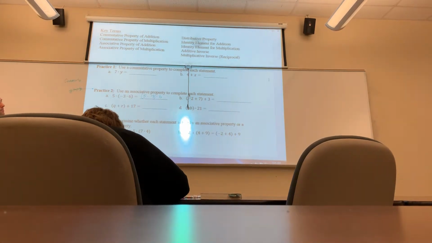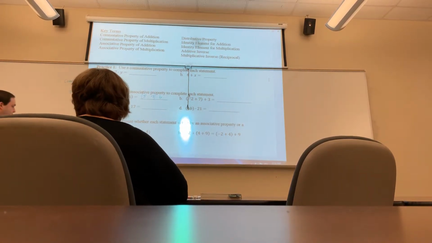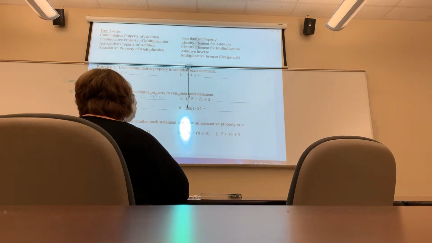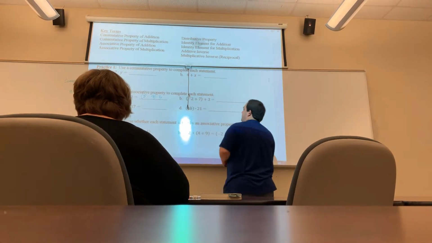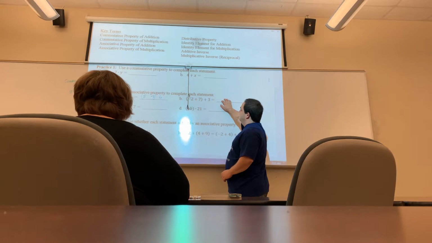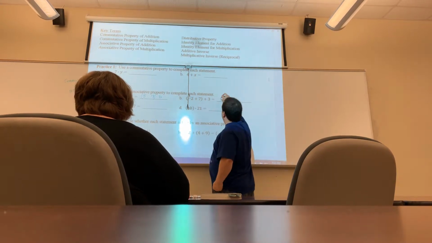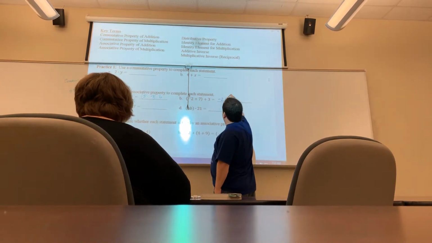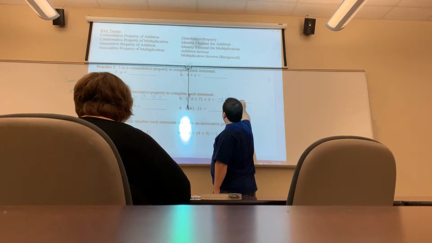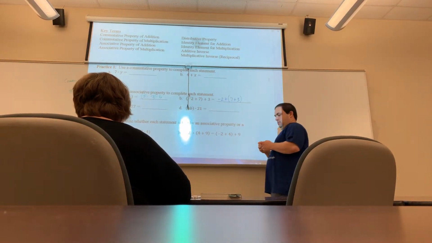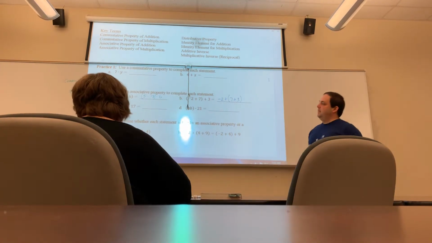But sometimes, in some of the methods that we do, we may have to switch a grouping like that. So what would letter B, what would the answer be there? Negative 2 plus parentheses 7 plus 2. Yeah, like that. What about the next one?